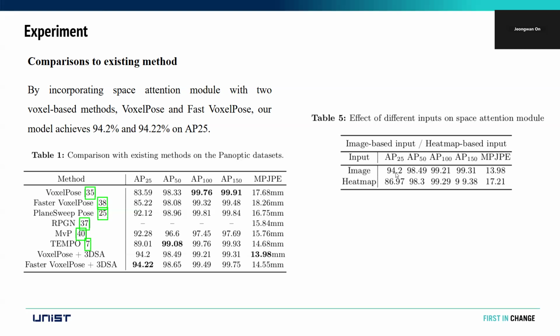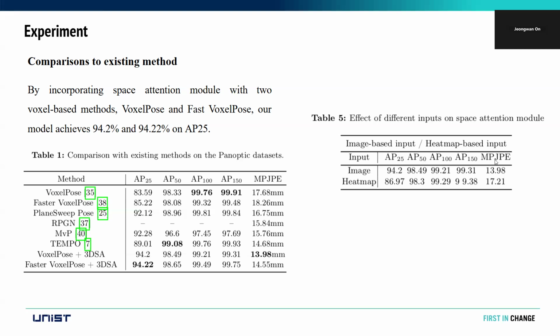For the image as the input, they achieve 94.2 on AP25. And for the heat maps as the input, they even achieve better performance on AP25.